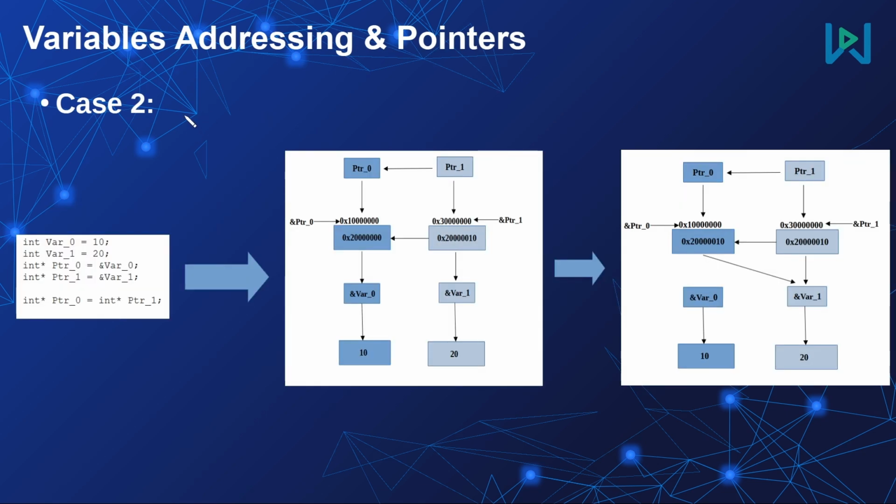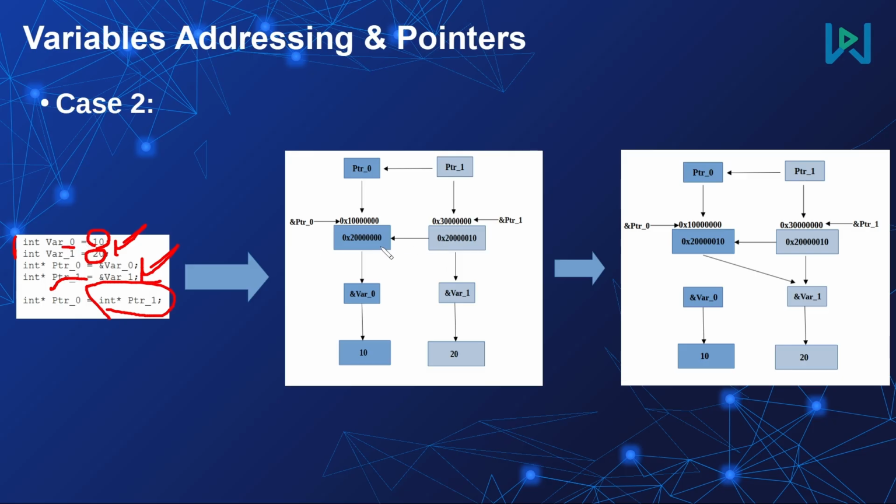Here we have another, more sophisticated use case where we use two variables to initialize two pointers, and then we'll show how we can use one pointer to initialize another. As you can see, I have declared two variables, variable 0 and variable 1, and I have initialized each of them with a different value. At hardware level, a memory location will be assigned to each of those variables.